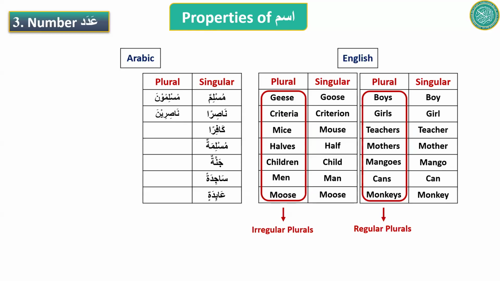Kafiran, Kafirina. Muslimatun, Jannatun. Sajidatan, Sajidatun, Sajidatin. Sajidatin, sorry. Abidatin. Is there a pattern here?